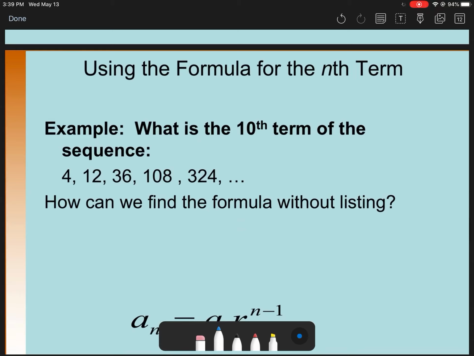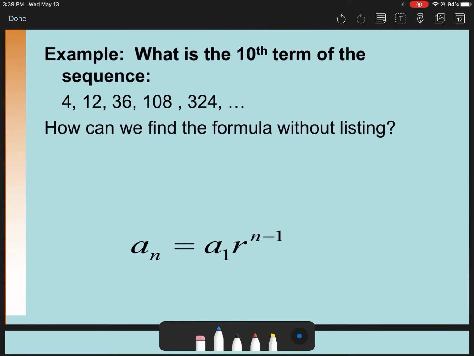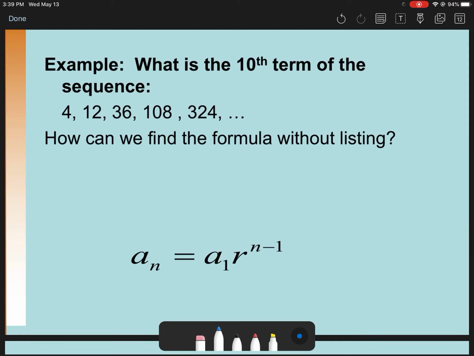All right, let's take a look at the formula. Because just like arithmetic sequence, we have a formula for geometric sequence as well, which makes it a whole lot easier for us. Here they're asking us for the 10th term of the sequence. Okay, this is the formula, and it's very simple. You have the first term, and it's multiplied by the ratio raised to a power.